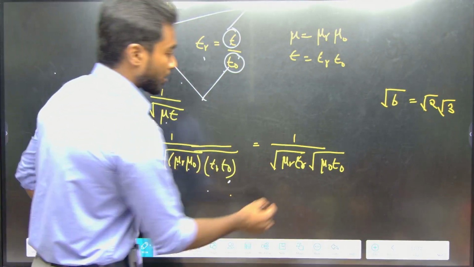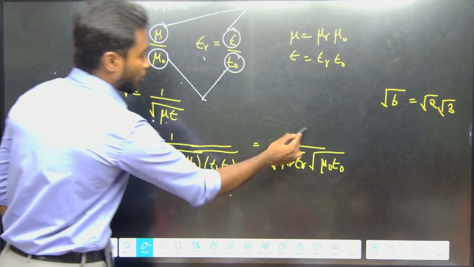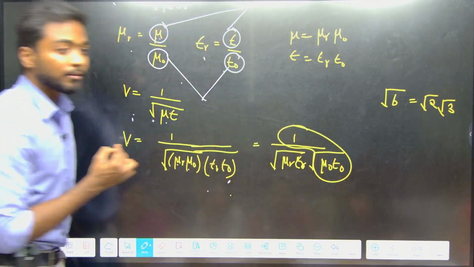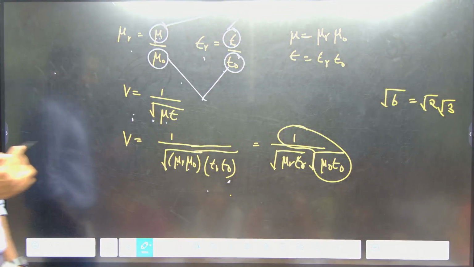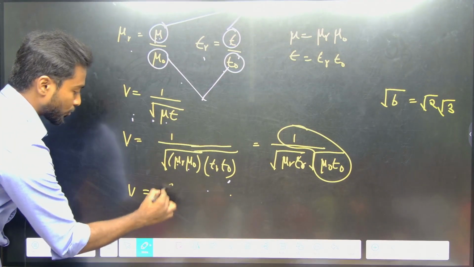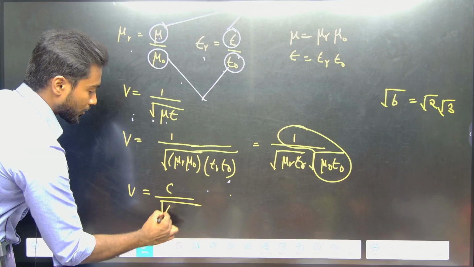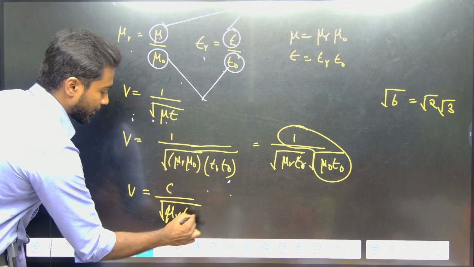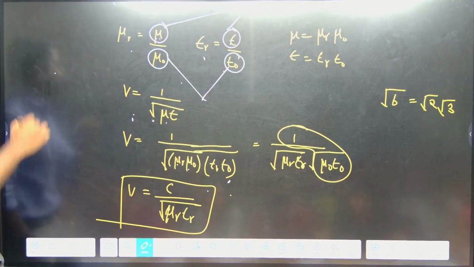Same way. And what is the value of 1 by root mu naught epsilon naught? C, no? So V is equal to C by root over mu r epsilon r. This is the relation.